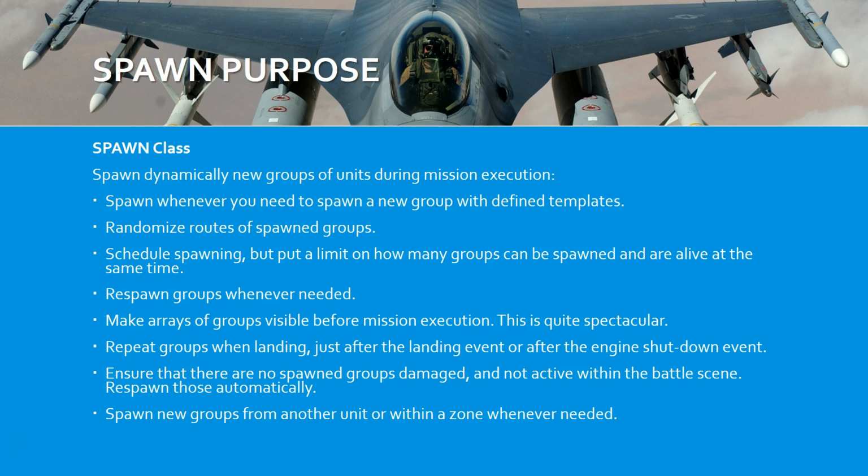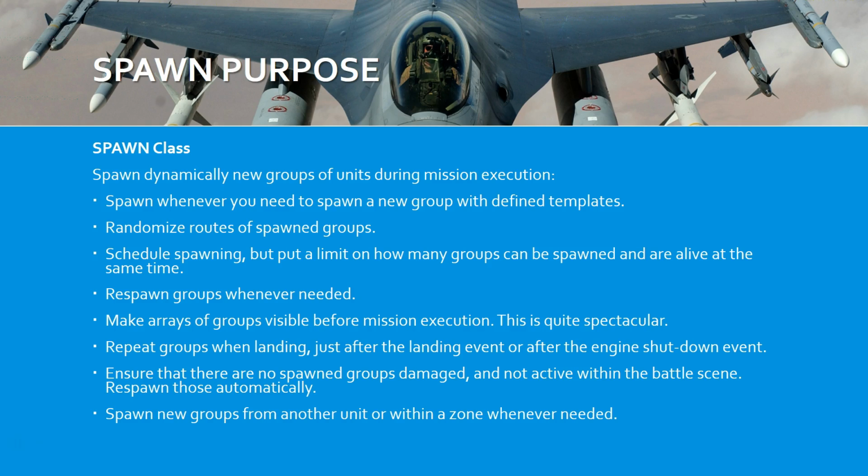A quick recap of the spawn class functionality. The spawn class is, as you've seen, to dynamically spawn new groups of units during mission execution. So whenever you need to spawn a new unit, the spawn class should be able to spawn new groups of units using defined templates.